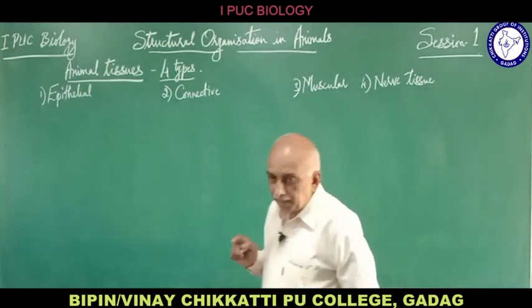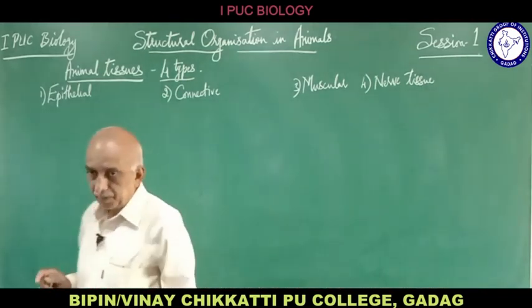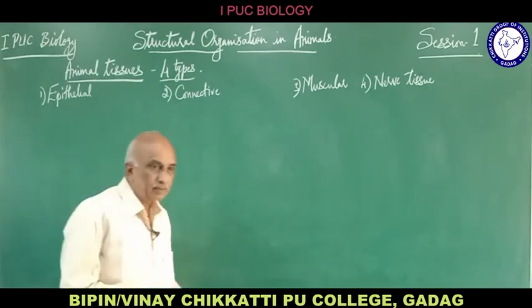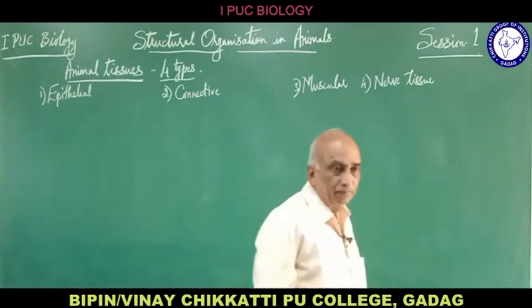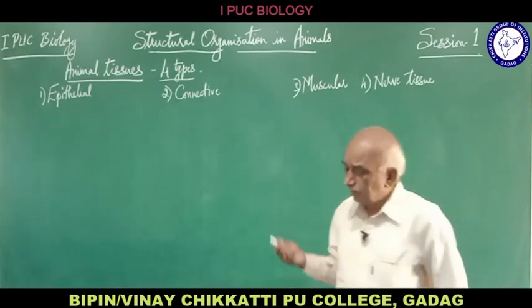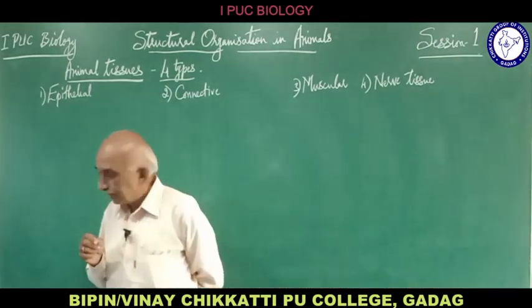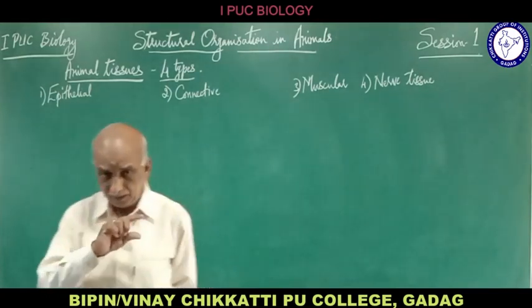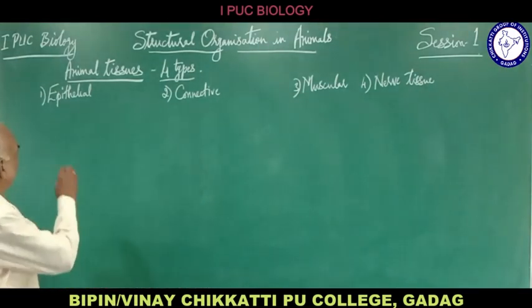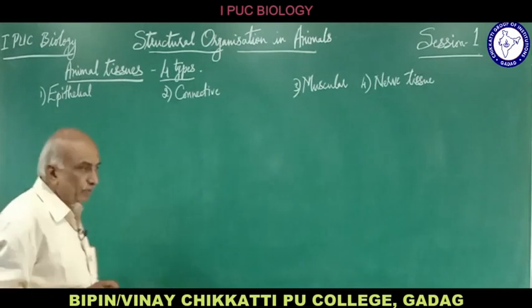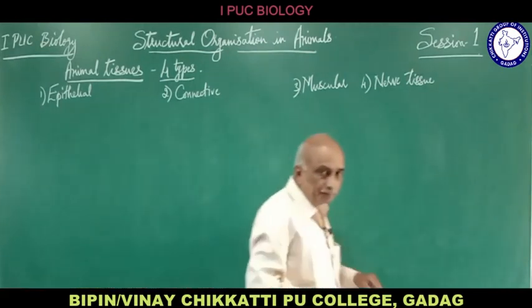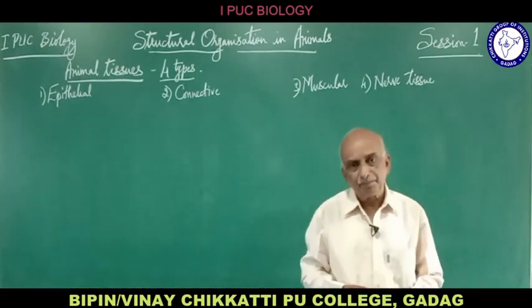So there are different types of epithelial tissues, and based on the shape of the cells and their functions, there are different types. Now the epithelial tissue is made up of a layer of cells.